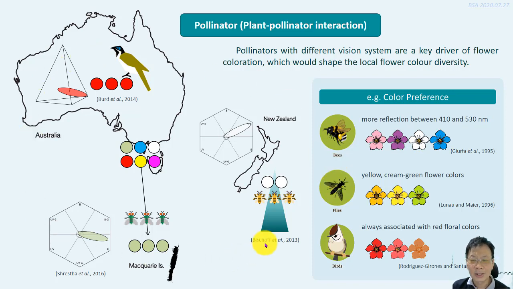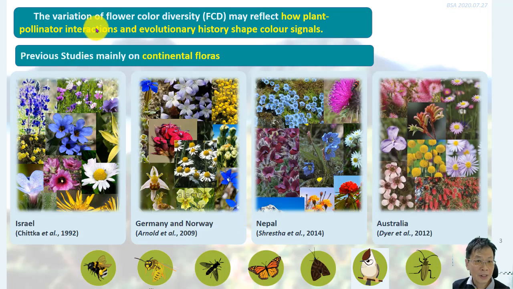So these different studies all show this. The flower color diversity in a local region usually reflects the plant-pollinator interaction result. This is why they are so different in color, which must be the result of different pollinator selection.